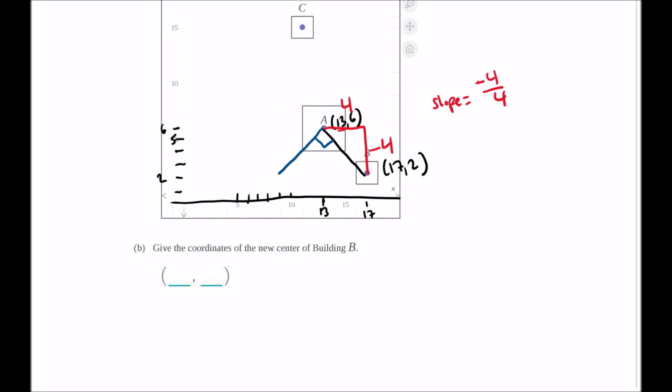Okay? Now, what we need is the slope of the blue part. But we know that for it to be perpendicular, it has to be flipped and change signs, okay? So when it flips, obviously it's going to be the same, 4 over 4, but it's going to go from negative to positive, okay? So now it's going to have a positive slope.